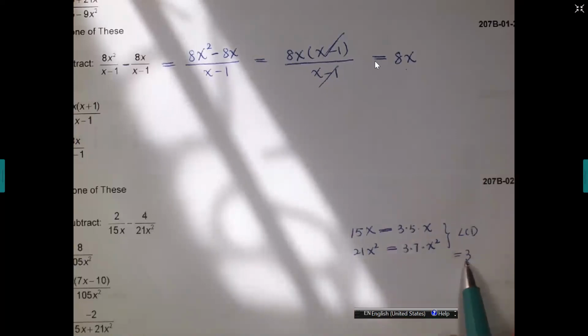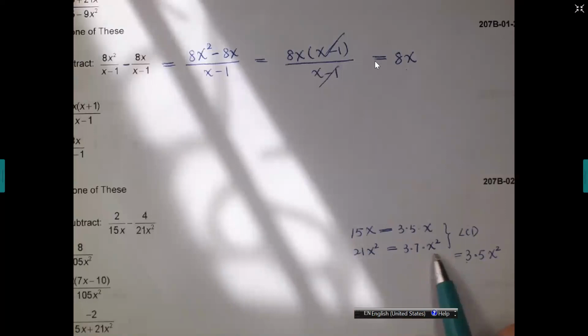So once is the maximum time. The second factor I see is 5. 5 appears once here, 0 times here. The maximum is still once. I see x here, I see x squared. So for the same variable, we'll use the maximum exponent. X squared means x times x, 2 times.